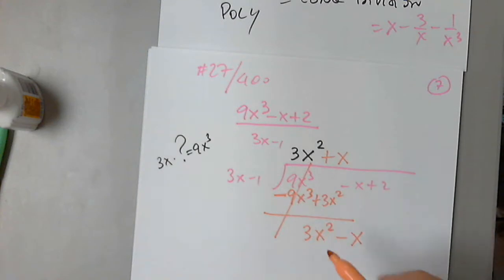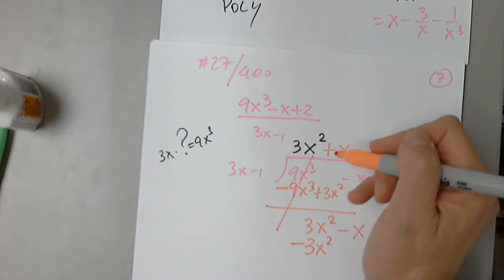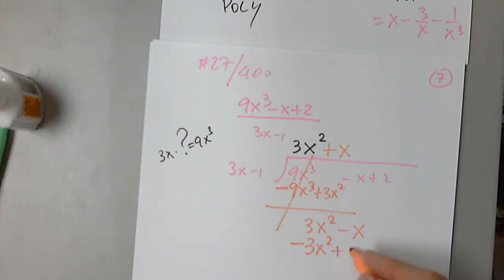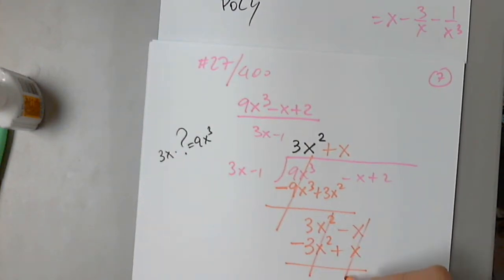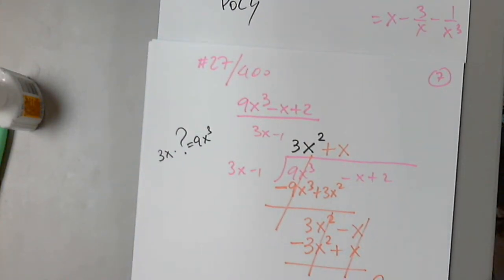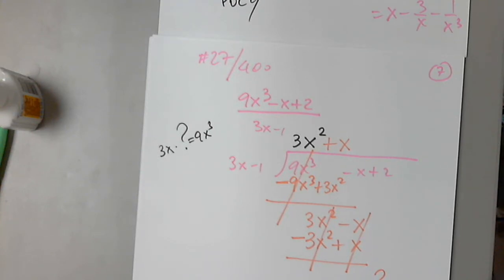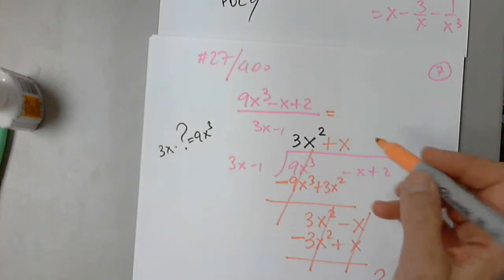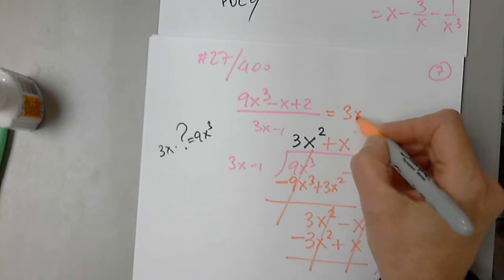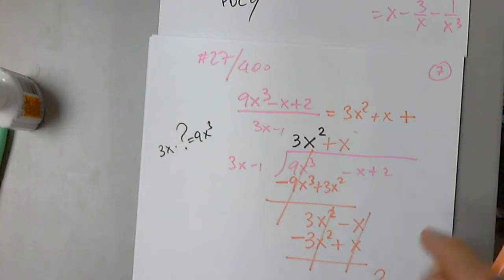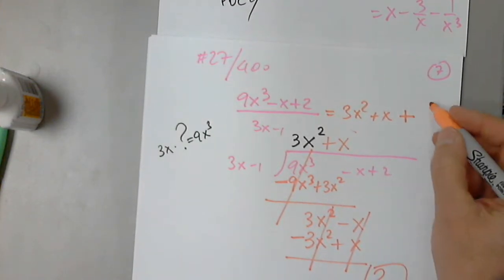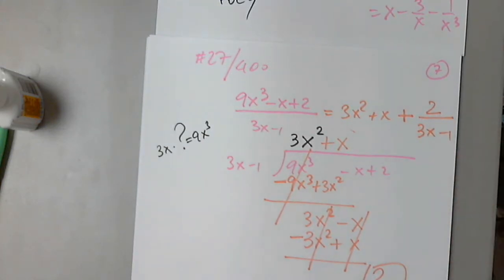But when I distribute it, I have to change the sign because I subtract. And x times negative 1 is negative x. I subtract. Bring down the next in line. I can continue. So the answer will be quotient 3x squared plus x plus remainder over the divisor.